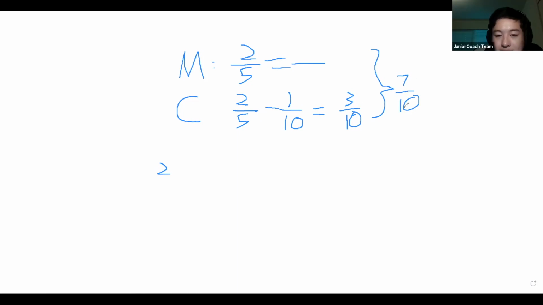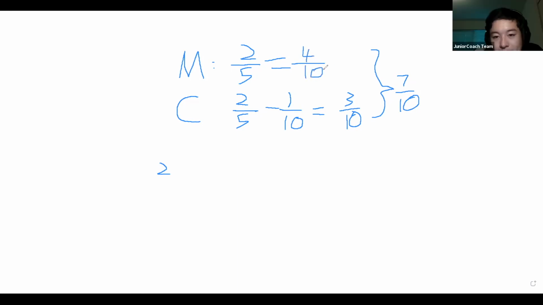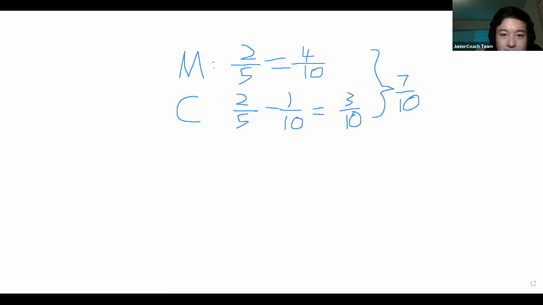We know that's 7 over 10, right? But how would you know it's 7 over 10? We have 2 over 5 and 3 over 10. 2 over 5 equals 4 out of 10, and then you add, 4 over 10 plus 3 over 10, 7 tenths. Good job.